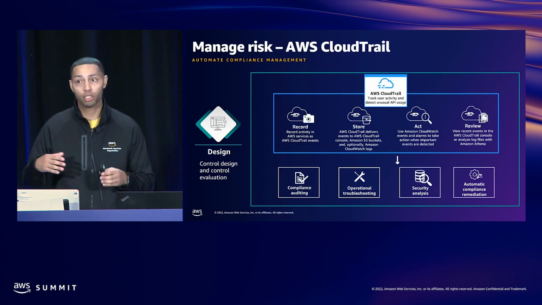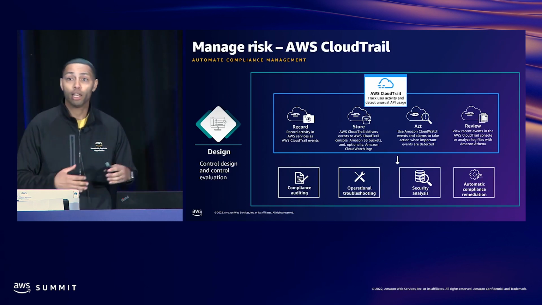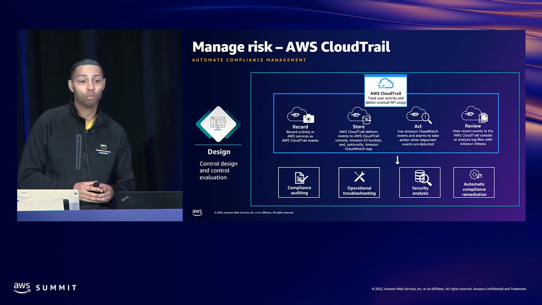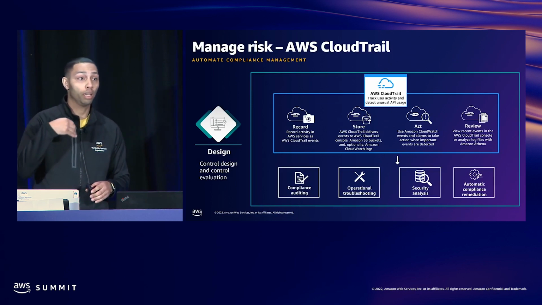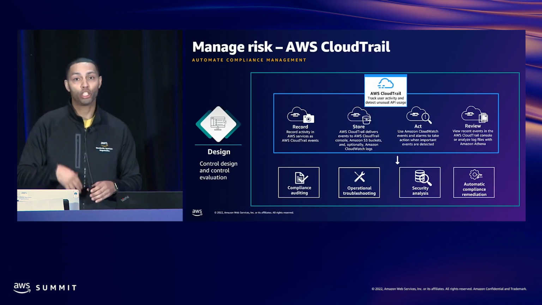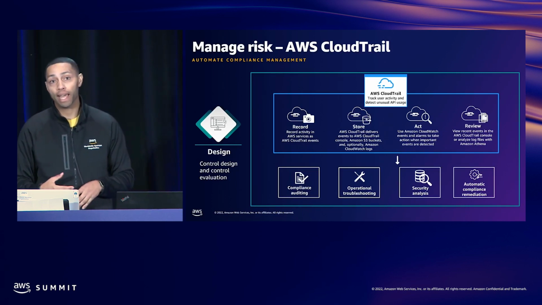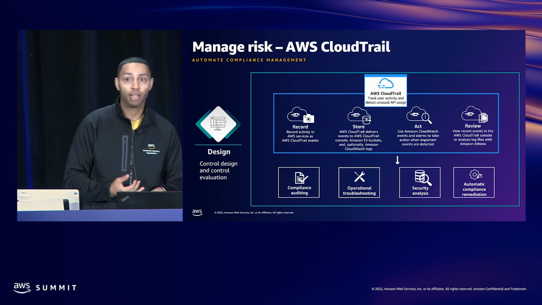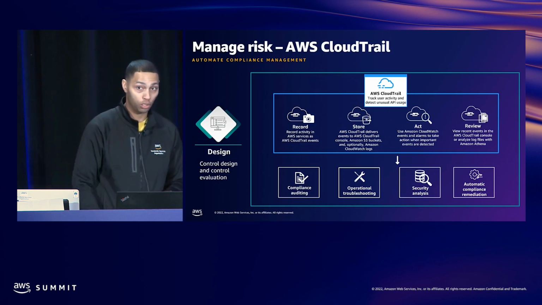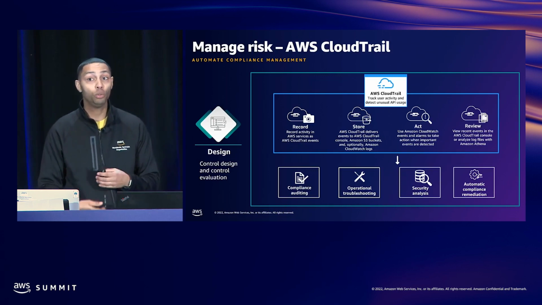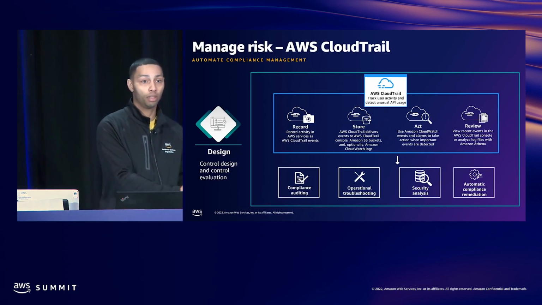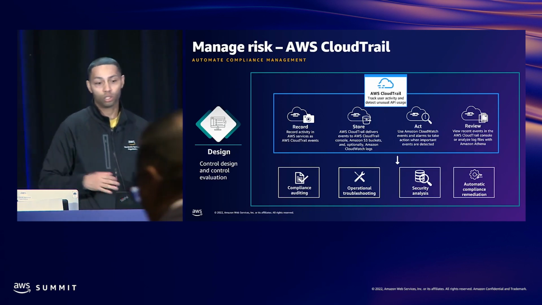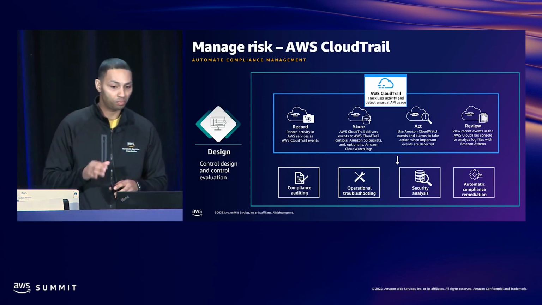So if we are taking a look at a resource that has been flagged as non-compliant, then we can go to that resource timeline and say, okay, John changed this configuration at 9 a.m. yesterday, and he's the one that turned off the encryption on that S3 bucket. And then you can also see, okay, it has been remediated, and now the encryption is turned back on. So CloudTrail works that way.